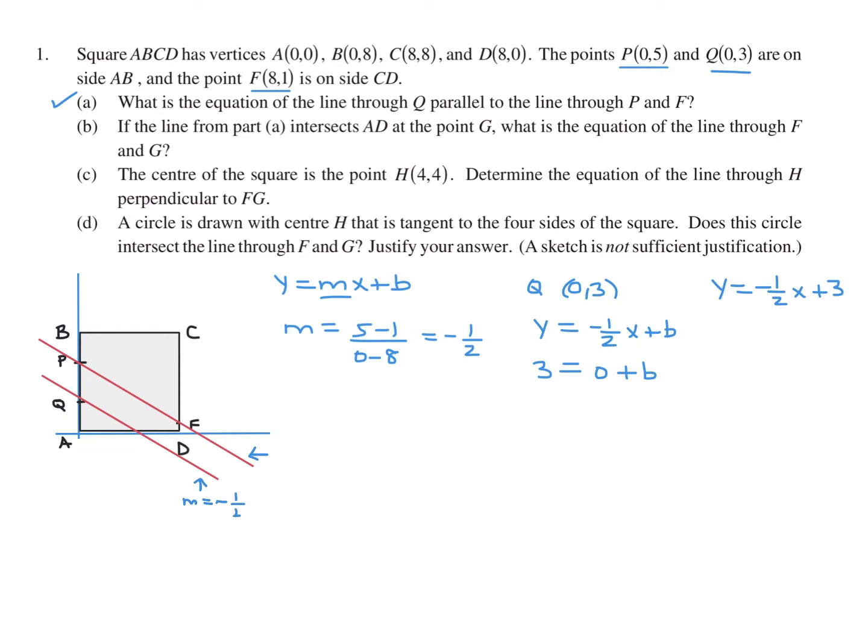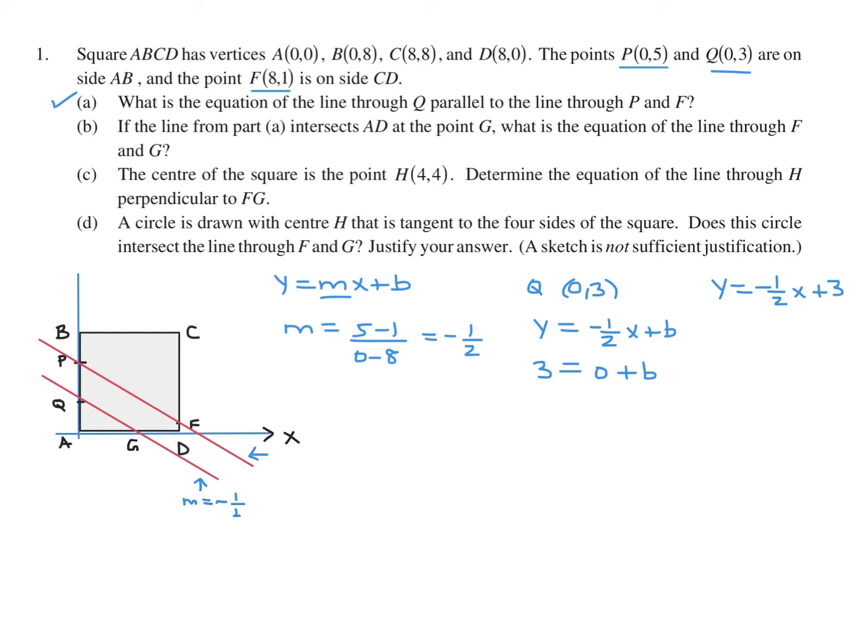Part B: if the line from part A intersects AD at G, what is the equation of the line through F and G? This point right here is G, so I will draw that here. The first thing is to find the coordinates of G. G is on the x-axis, so y is 0.